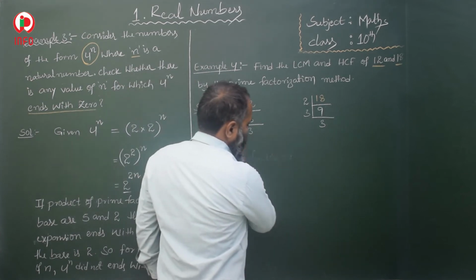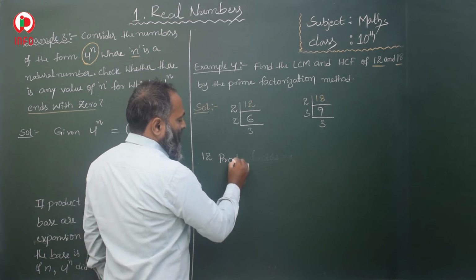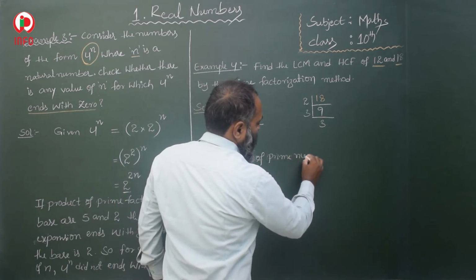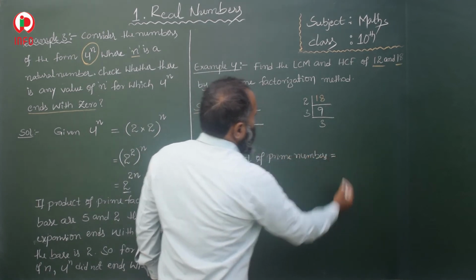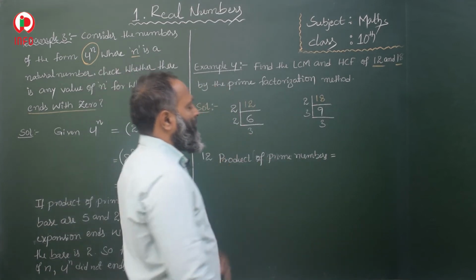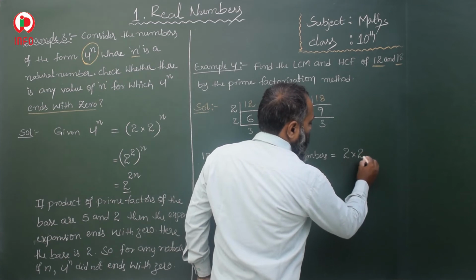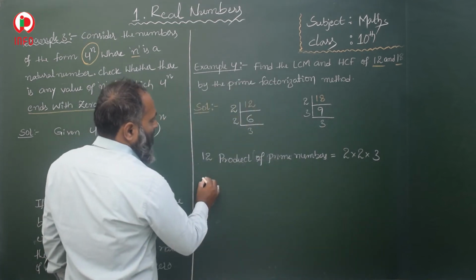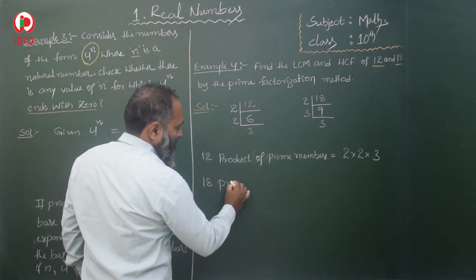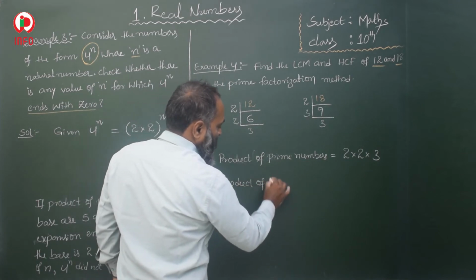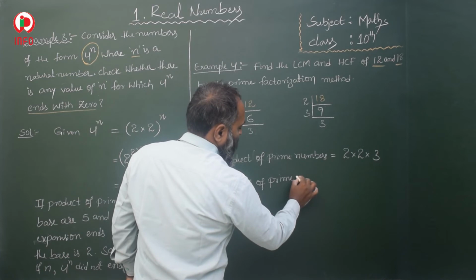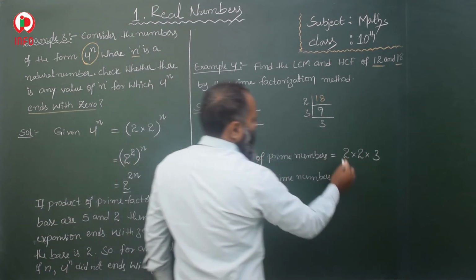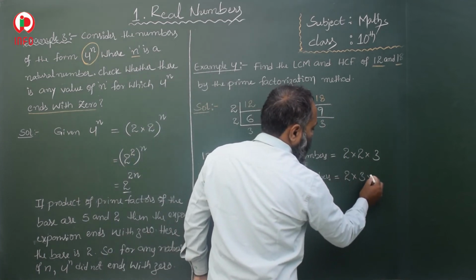And for 18, the product of prime numbers is 2 into 3 into 3.